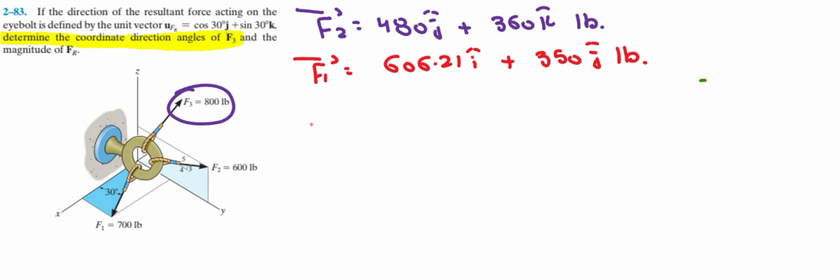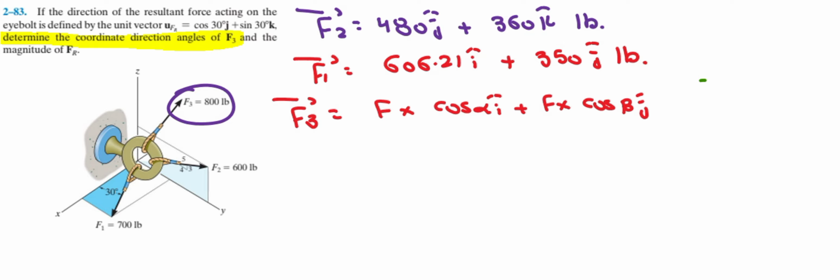The Cartesian form or the vectorial form of F3 is written as F3 equal to F cos alpha i with positive sign F cos beta j, and similarly with positive sign F cos gamma k pound.